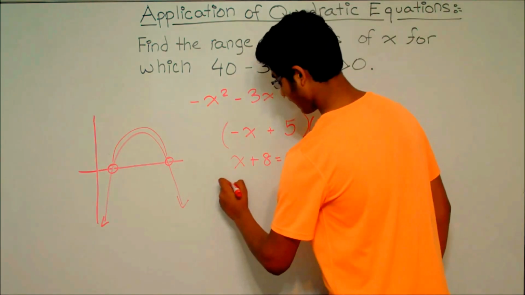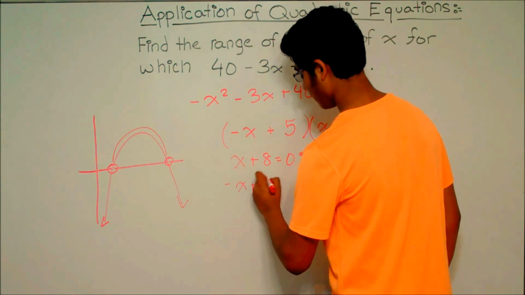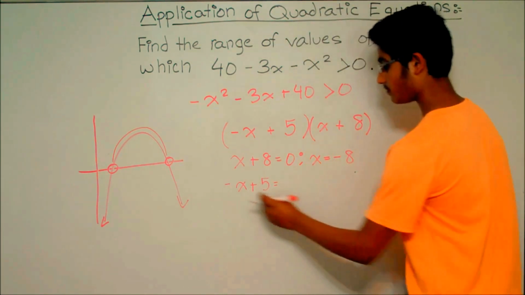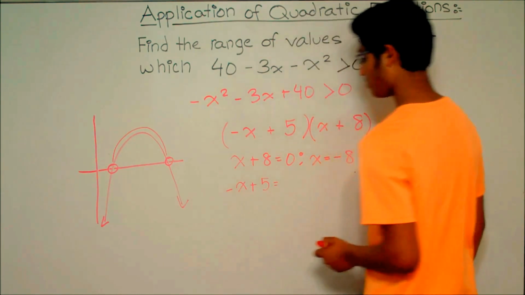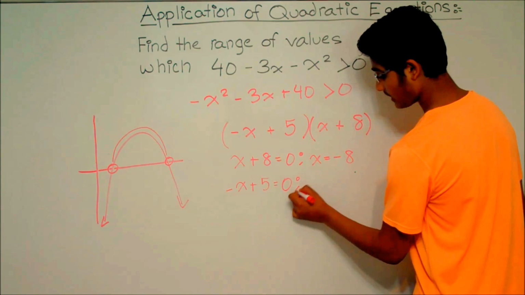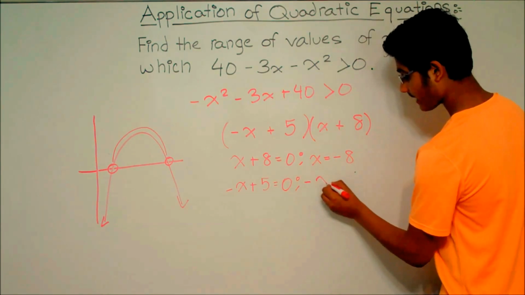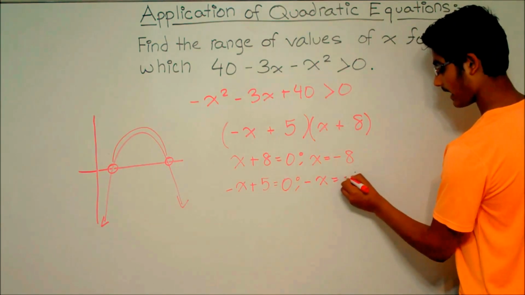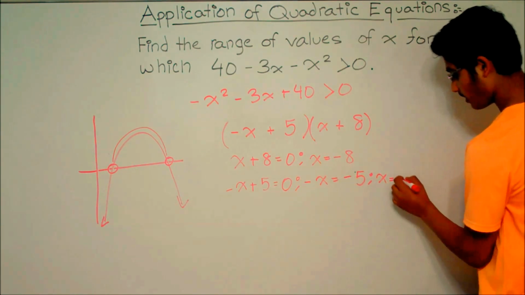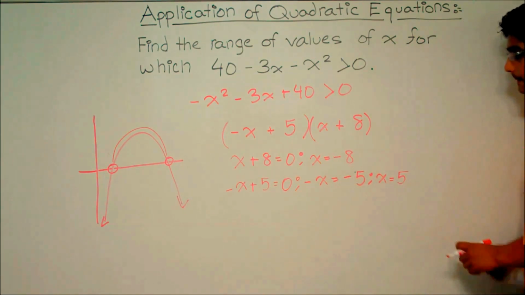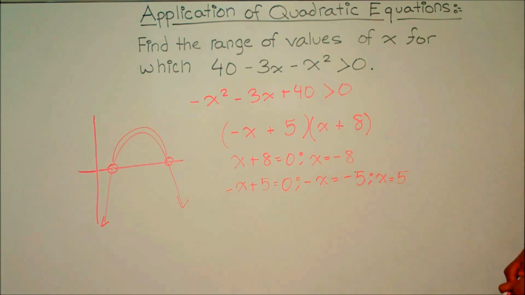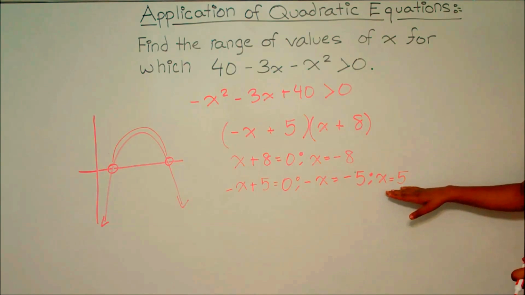And since negative x plus 5 is equal to 0, that means that negative x is equal to negative 5, and so x is equal to 5. So x is equal to negative 8, and x is equal to 5.